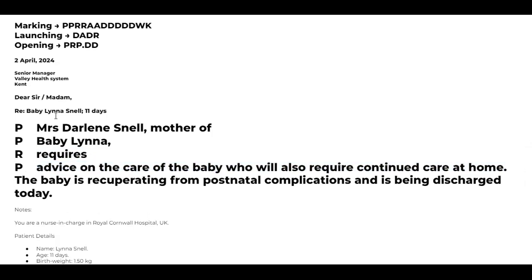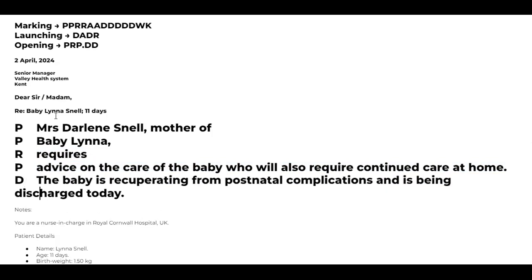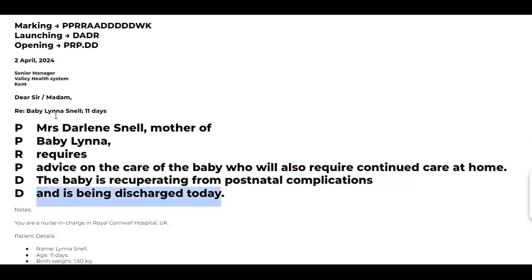Then this one is known as PPRPDD. The baby is recuperating from postnatal complications. And see, this is the last one. D, discharge date: and is being discharged today. Everything is well placed in this method.